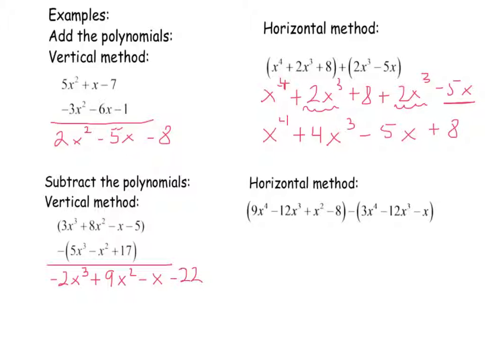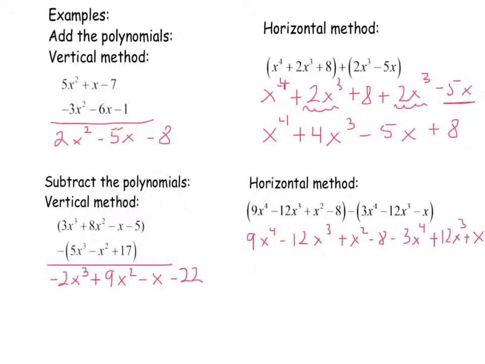If I do subtraction in the horizontal method, I will need to distribute the negative 1. So I rewrite the polynomial as 9x to the fourth minus 12x to the third plus x squared minus 8 minus 3x to the fourth plus 12x to the third plus x.